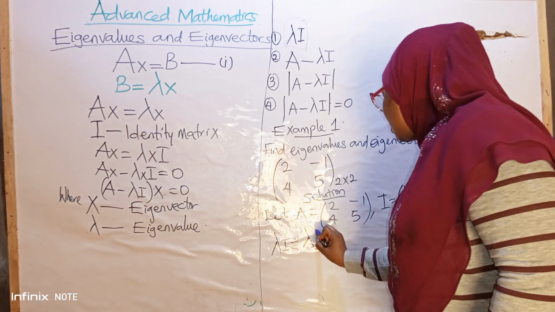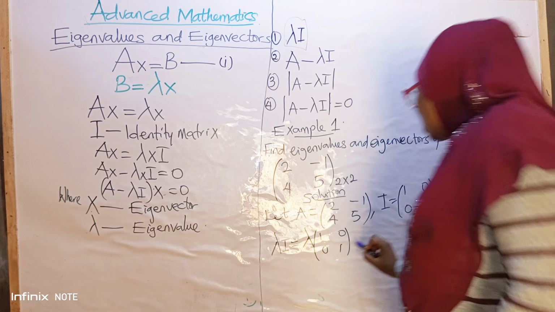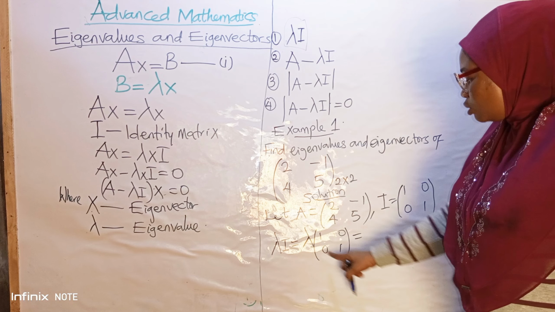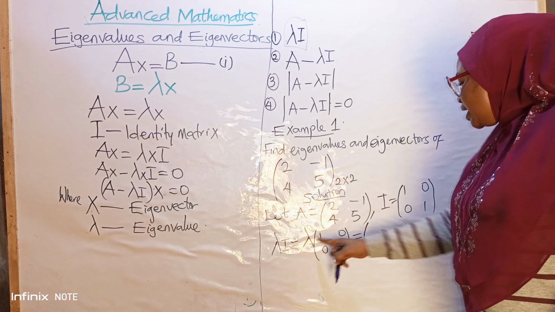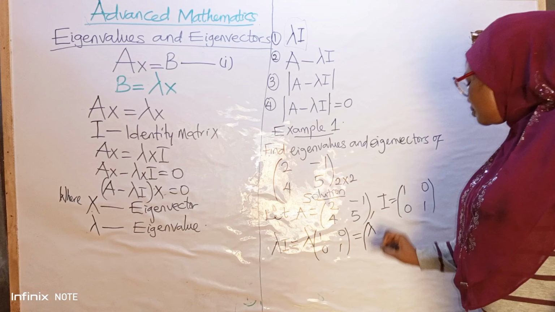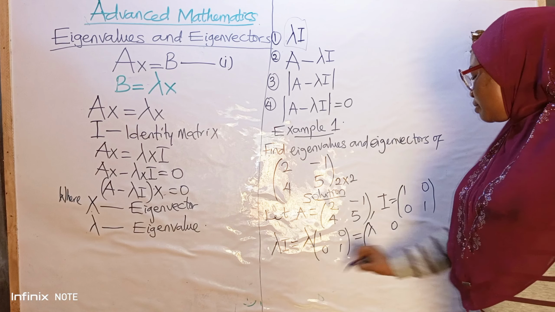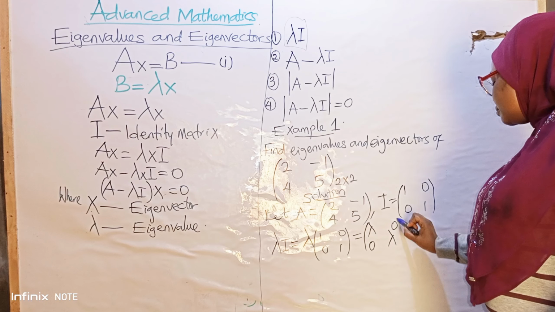That will be lambda multiplied by 1, 0, 0, 1, so we use lambda to multiply all the elements of this identity matrix. Lambda multiplied by 1 is lambda. Lambda multiplied by 0 is 0. Lambda multiplied by 0, 0. Lambda multiplied by 1, lambda.